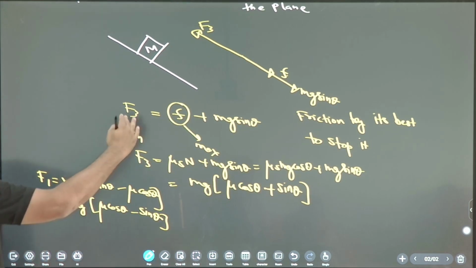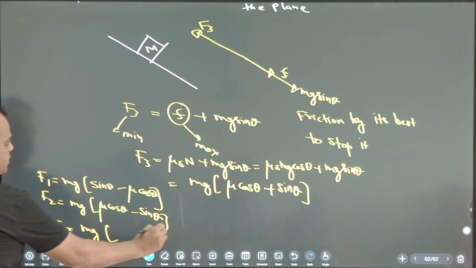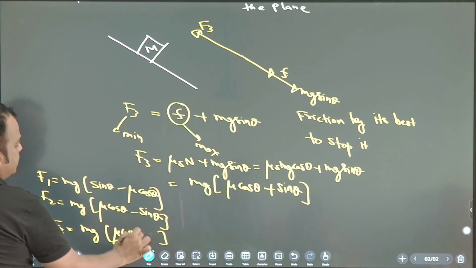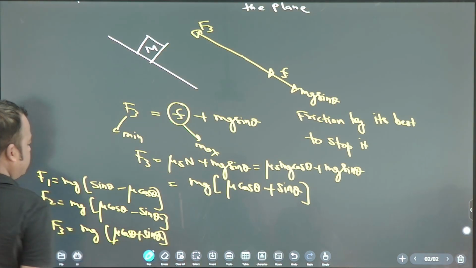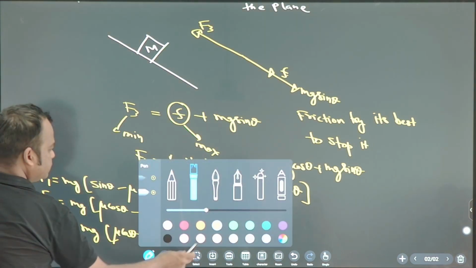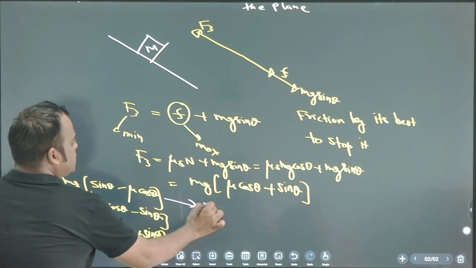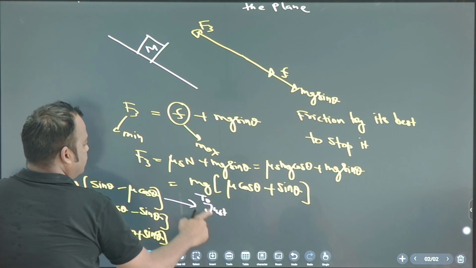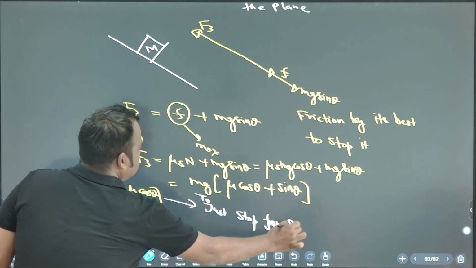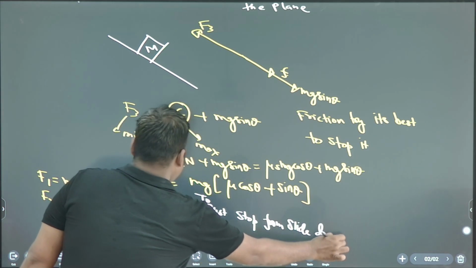Now you want to slide it up, F3. What is the formula? Mu cos theta plus sin theta. Correct. This is the formula to stop it from sliding down.